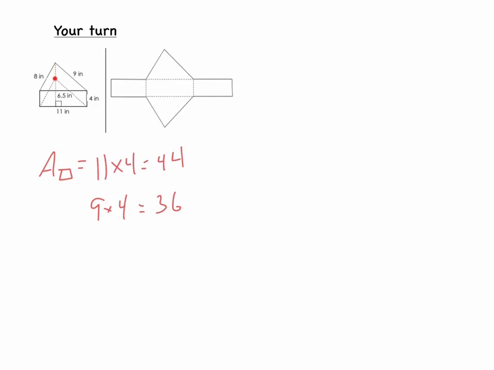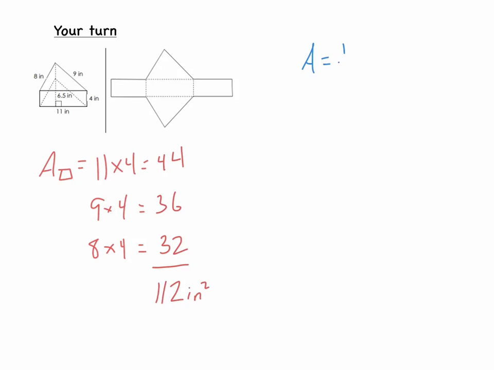And this back one off here to the left, we have 8 by 4, which is 32. Now all we have to do to find the area of these rectangles, add them all together, and we get 112 inches squared.